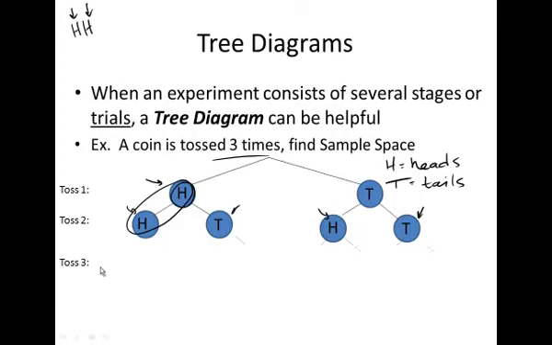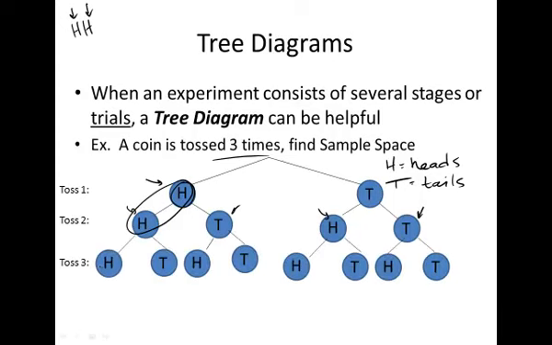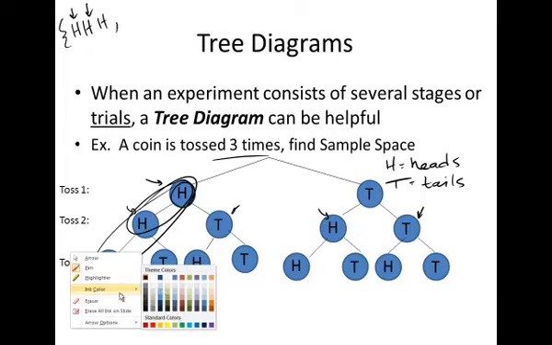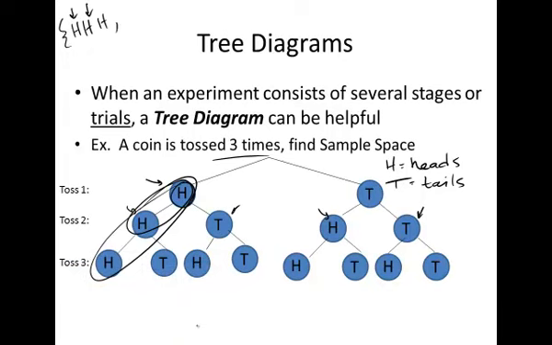But we're going to do it one more time. So we have heads and tails all the way across. So now think about what that event would look like. That's going to be HHH. So if that's one element of the sample space, how many elements of the sample space are there? Well, the others would be heads, heads, tails, right?